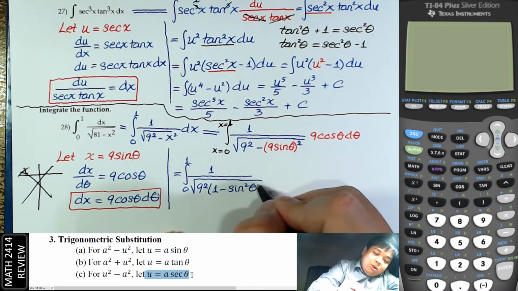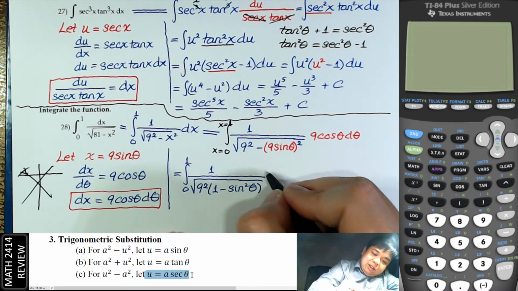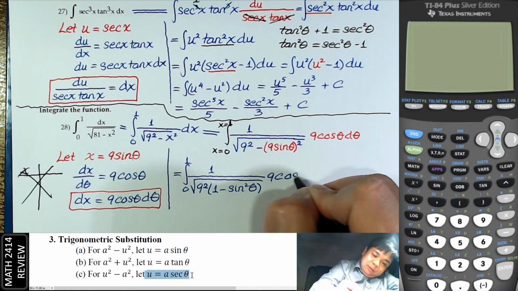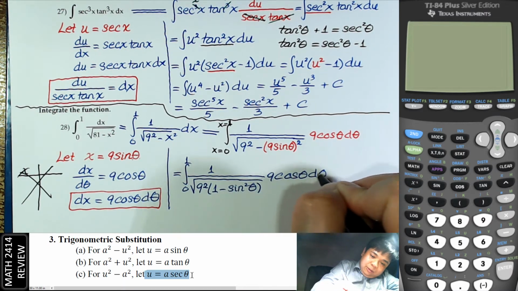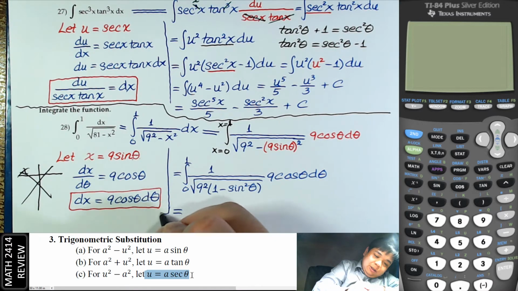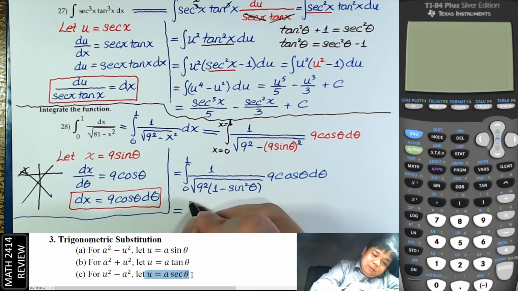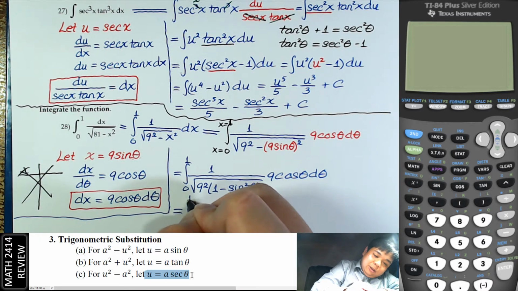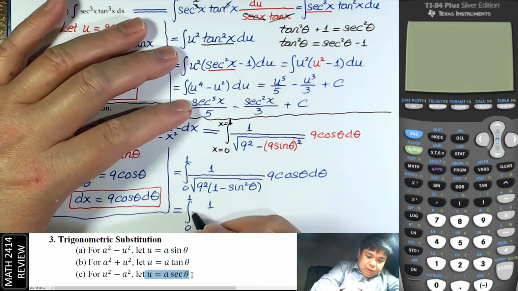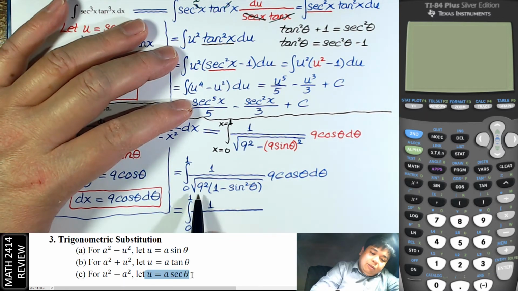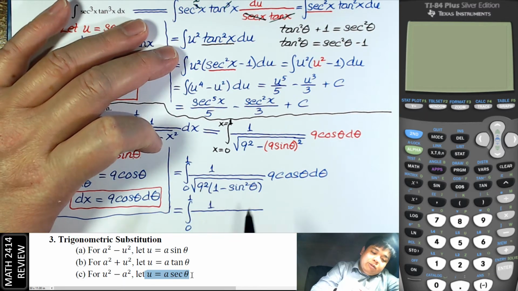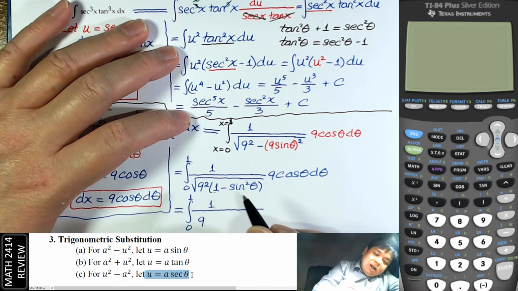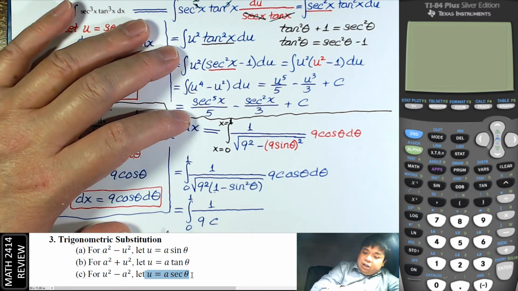Factor out the 9 square. This is what we have. So square root of that is just 9. 1 minus sine square, that is cosine square.